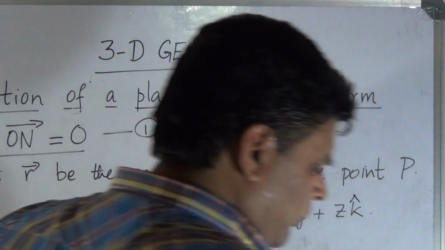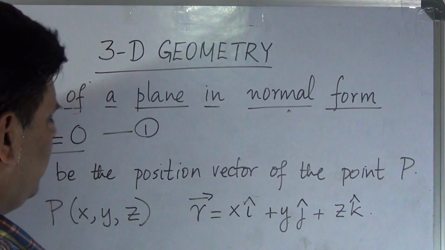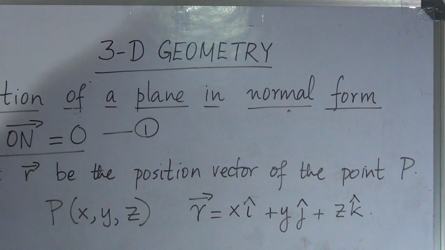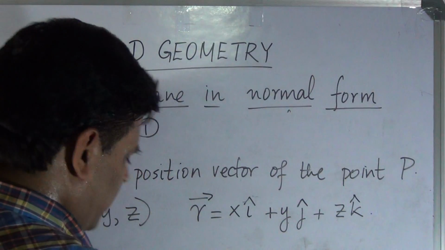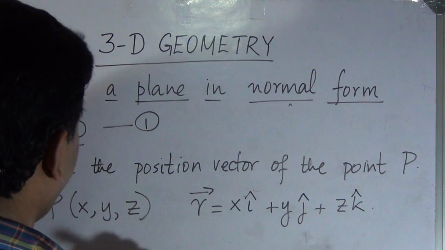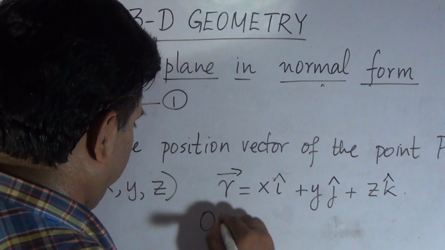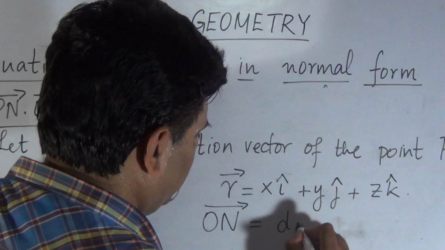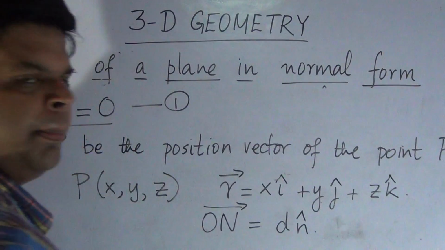Fine? So now what are we given? R is the position vector of P. And ON equals d n cap.